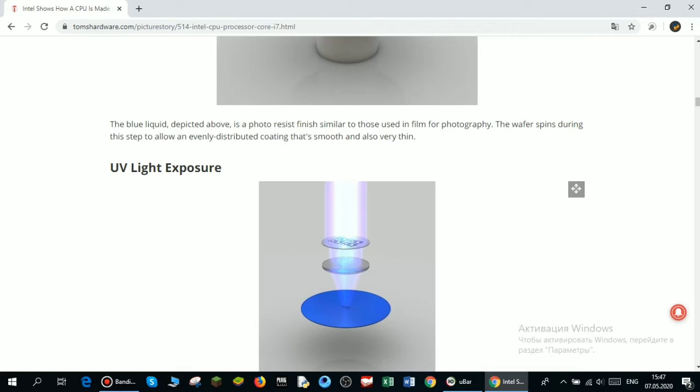Okay, 6 information. The blue liquid depicts a dab and is a photoresist finish similar to those used in the film for photography. The wafer spins during this step to allow it to evenly distribute the coating, so it's smooth and also very thin.